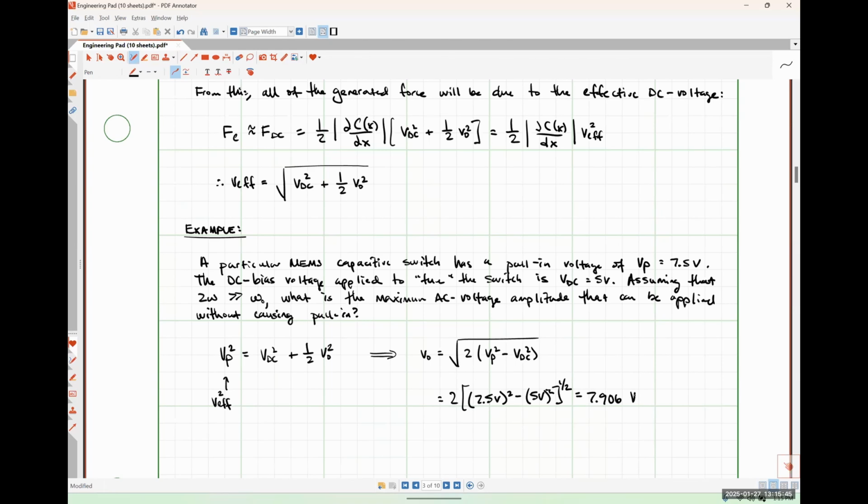So if our AC signal that is superimposed on top of the DC bias was 7.9 volts or higher, we'll accidentally close the switch. Whether or not we meant to, it's going to close because there's enough electrostatic attraction between the two plates to overcome the restorative mechanical spring force.